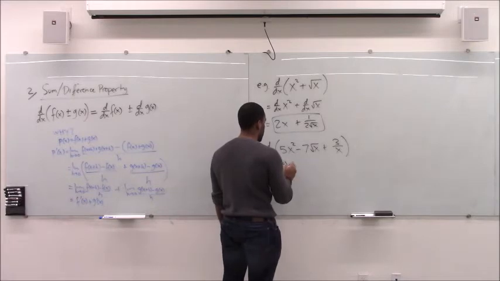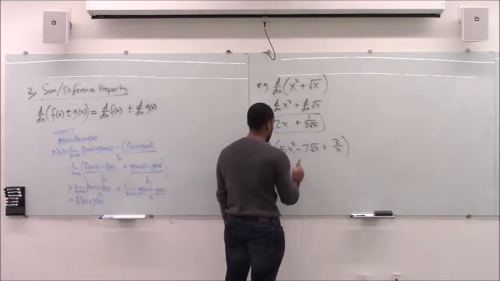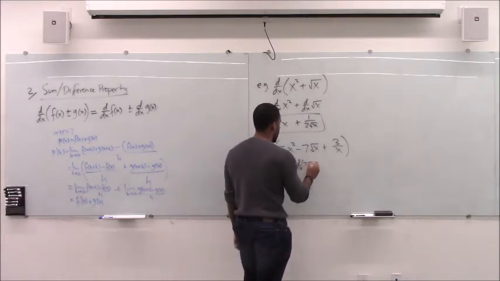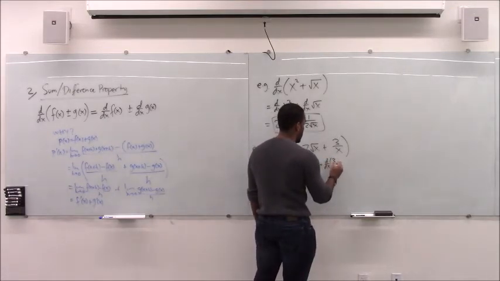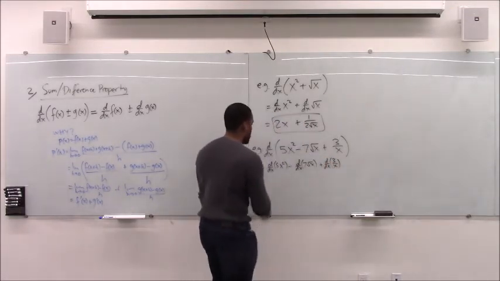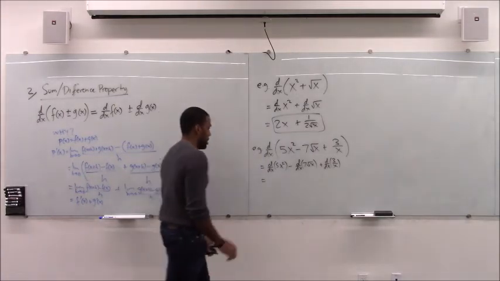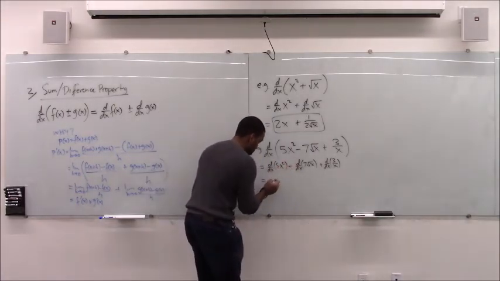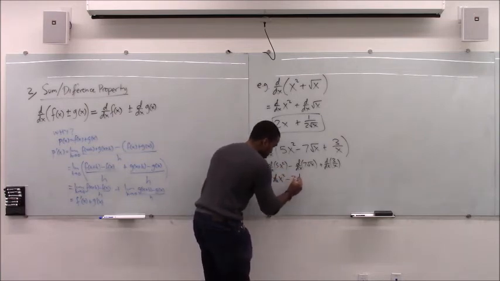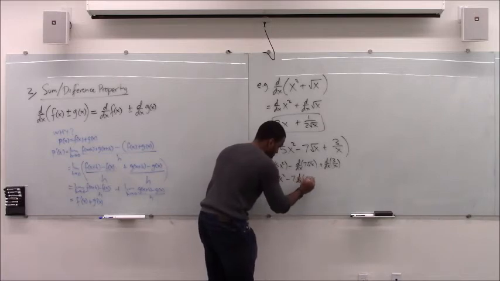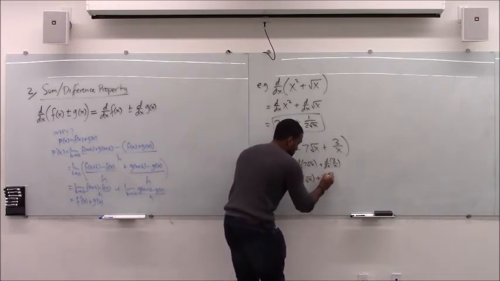The derivative of 5x squared, minus the derivative of 7 radical x, plus the derivative of 3 over x. That's by the sum rule. Then I can just do the constant factor rule, take that 5 out, take the 7 out, and take the 3 out.